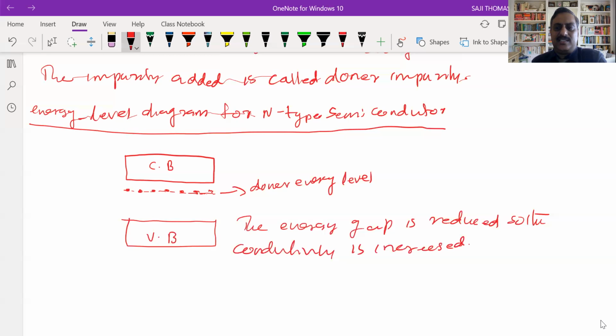Second point, the number density of electrons into the number density of holes is equal to Ni square, where Ni is known as intrinsic carrier concentration. The impurity atom is known as donor impurity as it donates electrons to the crystal structure.